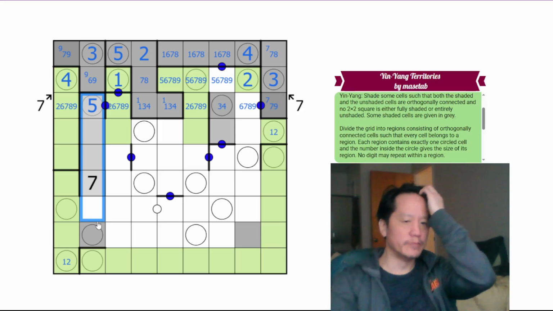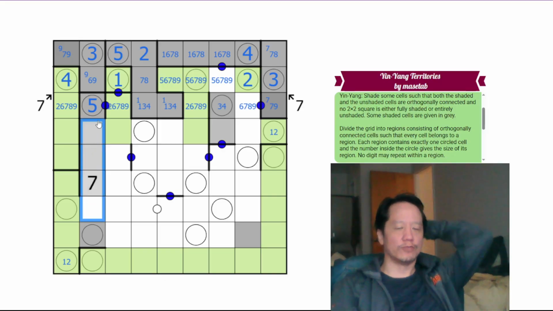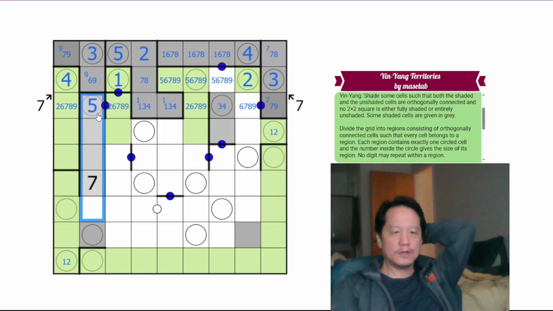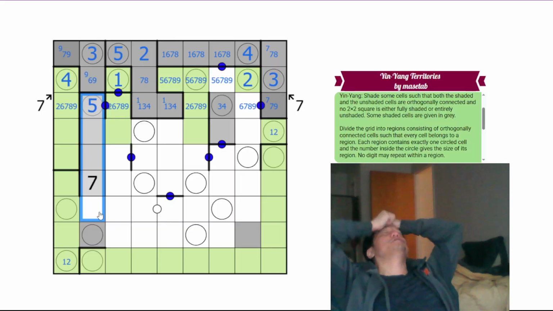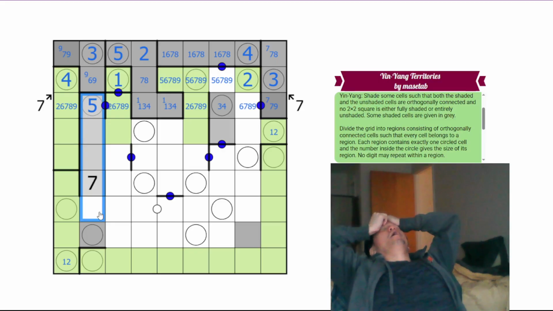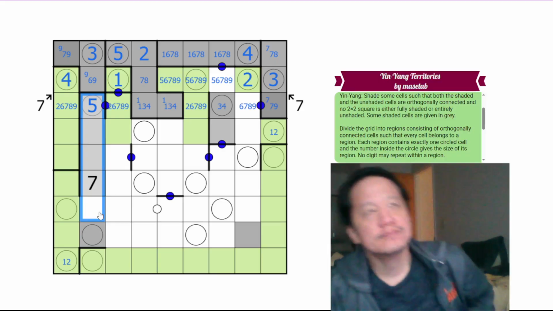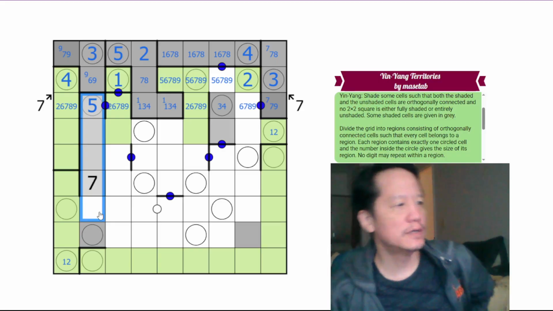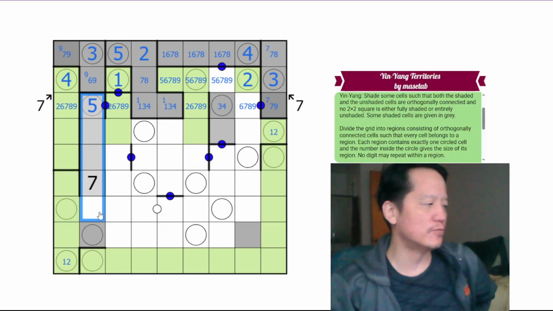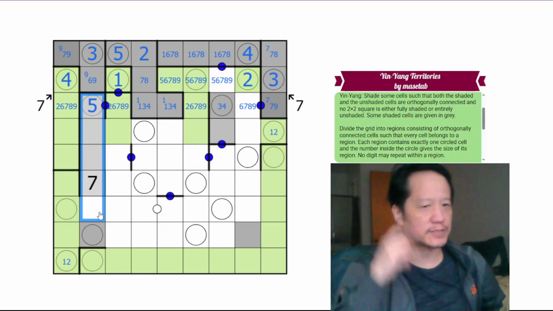What would the minimum be here if this were all the region? If this were the entire region, you would have guaranteed 1, 2, 4, 5, 7. 5 and 7 is 12. 1, 2, 4, that could work. That adds up to 19.